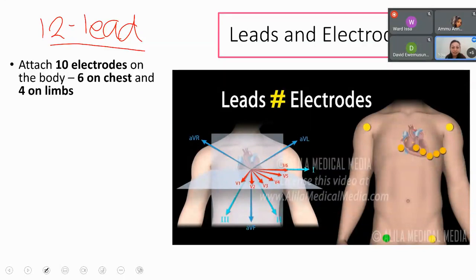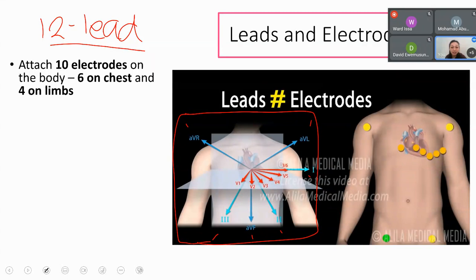In a 12 lead ECG, lead just means different electrical views of the heart. So we have 12 different ways of viewing the heart. If you look at this picture, these are the 12 leads: lead 1, lead 2, lead 3, AVR, AVL, AVF, and V1 to V6.